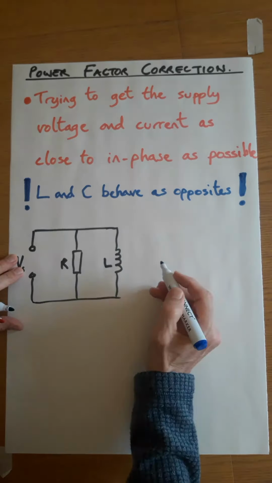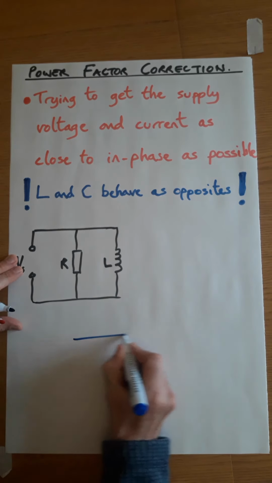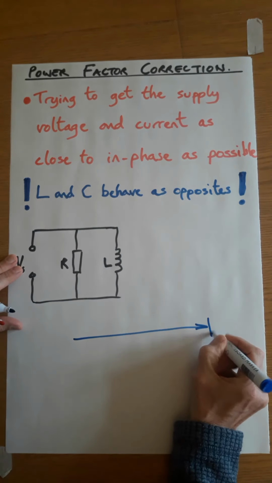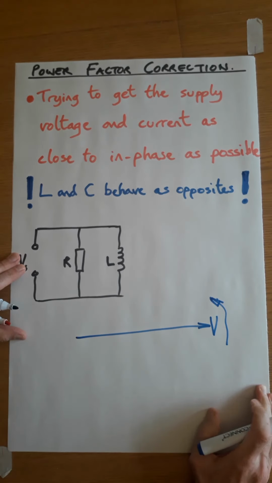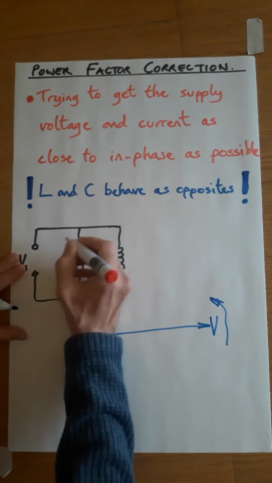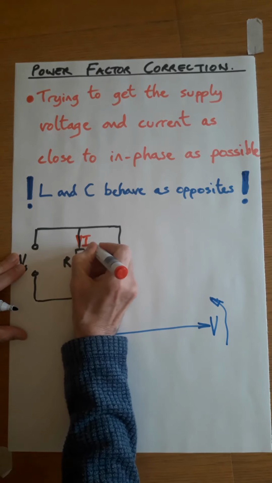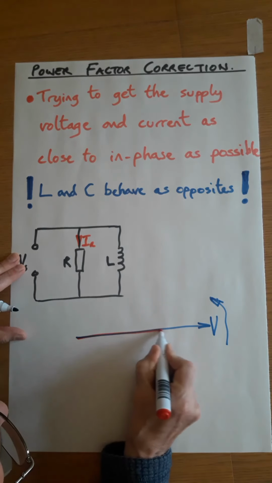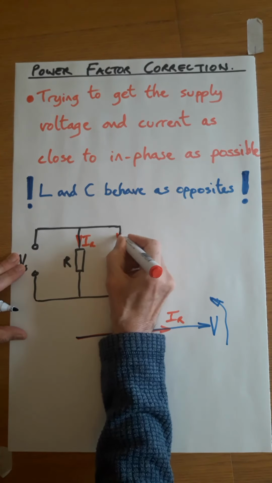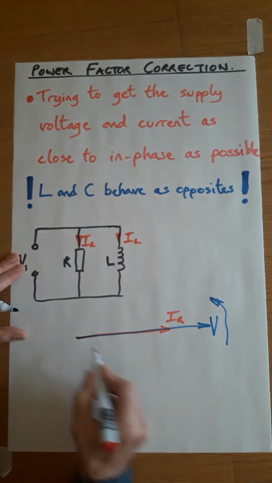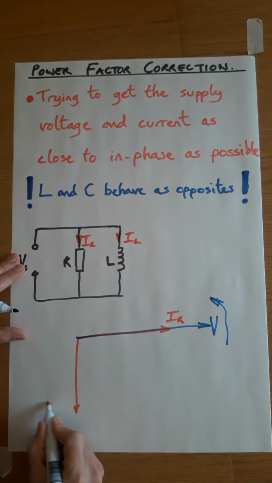Parallel circuit. Let's do it down here. Here is the voltage. And we have IR. It's going to be in phase. We have IL. It's going to be 90 degrees down.